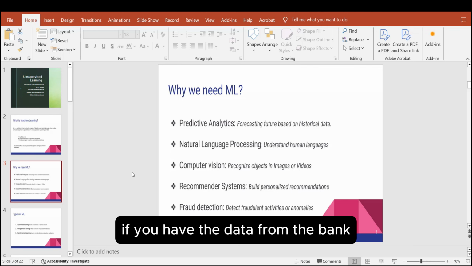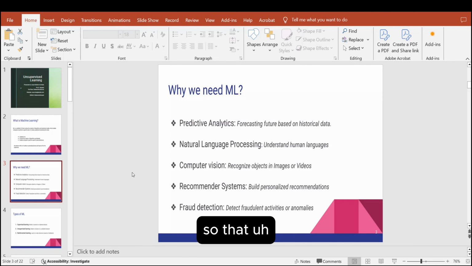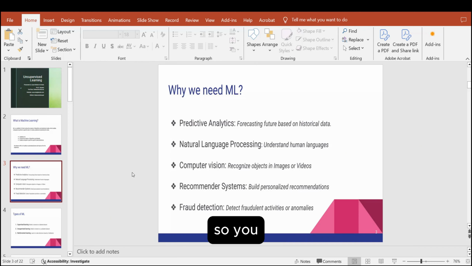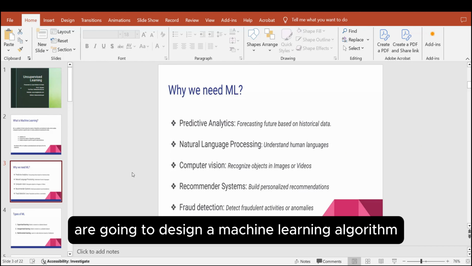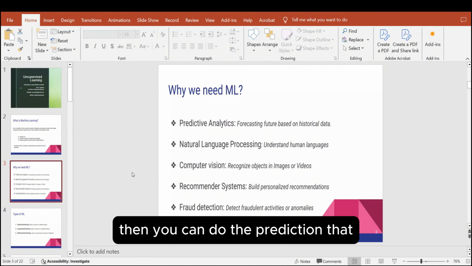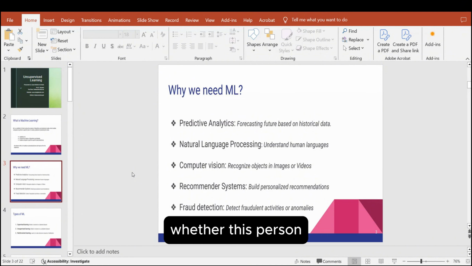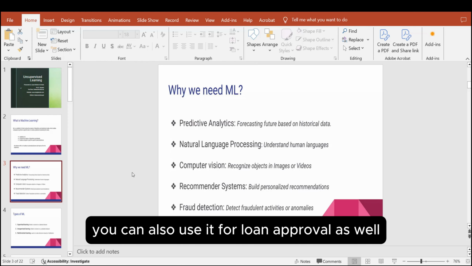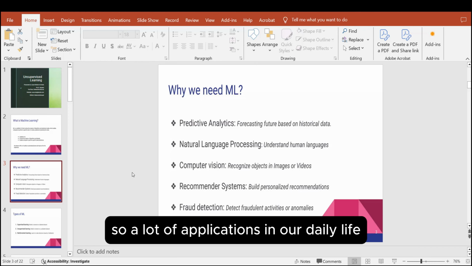If you have data from the bank with records for the customers, you can design a machine learning algorithm on that and predict whether this person is going to commit fraud or not, or you can also use it for loan approval. So there are a lot of applications in our daily life.